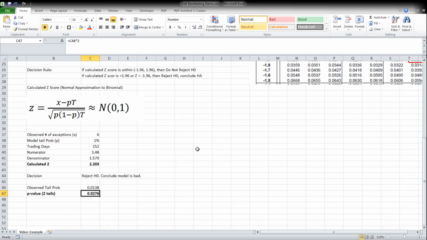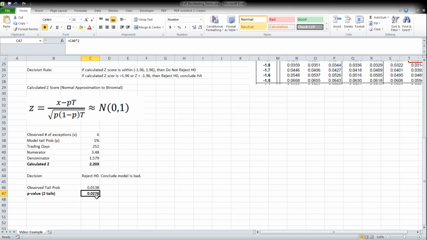What is the interpretation of the p-value? The rule of thumb is that the lower your p-value, the more confident you are in rejecting your null hypothesis. A p-value close to zero means that you have very strong evidence to conclude that your null hypothesis is false.